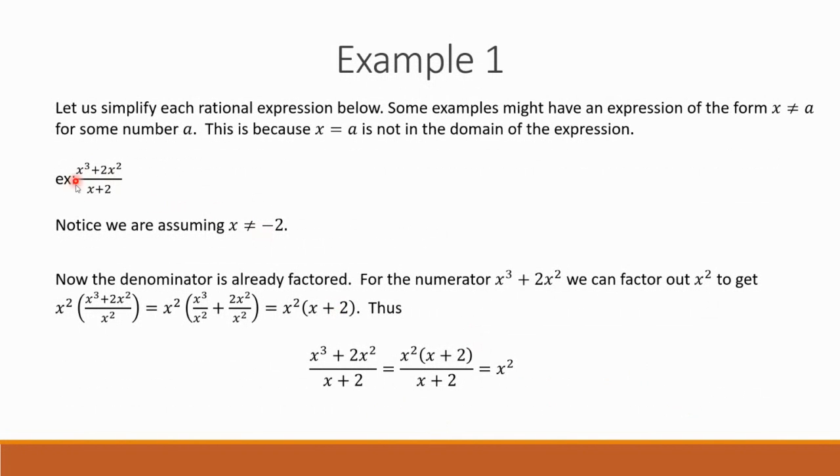So let's say we have this one here. Now I should point this out: the book will put something like, comma, x is not equal to -2. Basically, they're assuming that we're working in the domain.